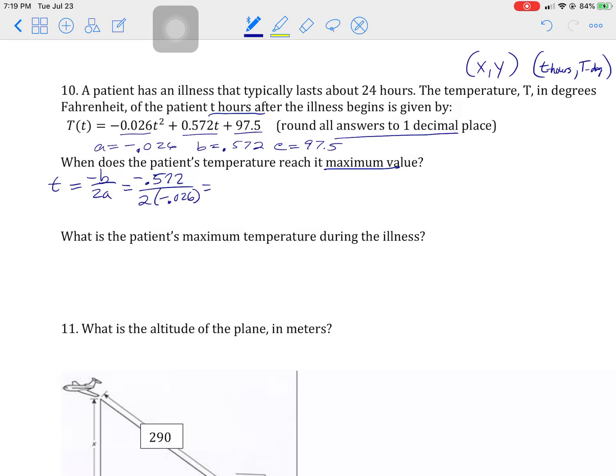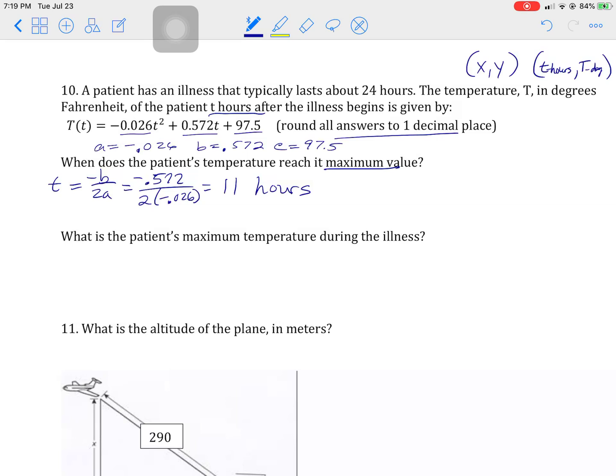This really does come out to a whole number. Let's see, negative 0.572 divided by parentheses 2 times negative 0.026. Sure enough, it comes out to a whole number. And it's going to be positive, of course, because a negative over a negative is a positive.